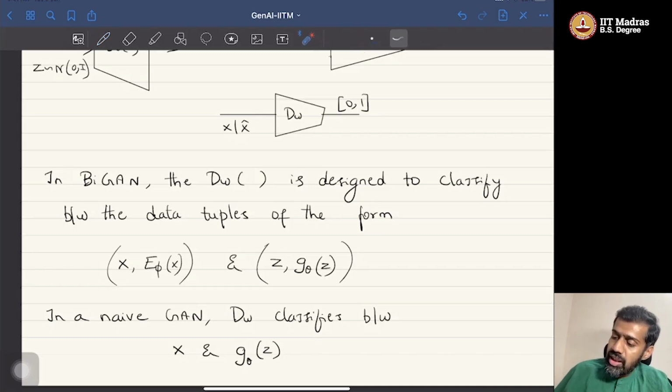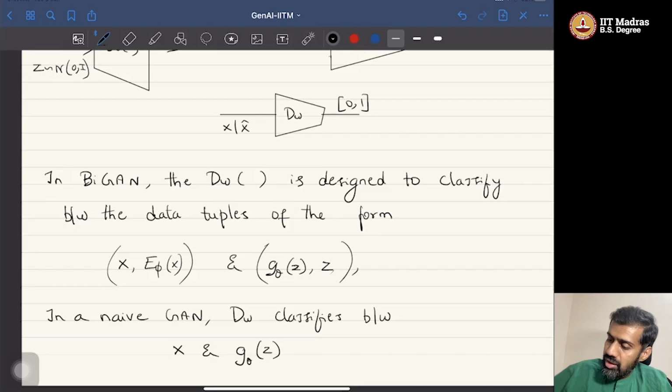So look at this: the tuple, one of them is from the data space, the other is from the input vector space, and here, maybe the order has to be redone. So this is from the data space, g theta of z is from the data space, and z is from the latent space. So the question that we are asking is, given a particular data point drawn from the true data distribution, I should write that.